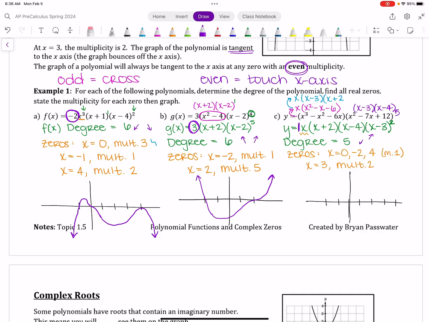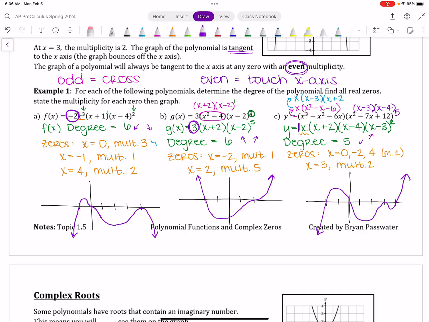And remember, we're going to start by increasing to -2, and then decrease to 0. We're going to increase to 3, bounce off, and then we go up through 4. And that would be the general shape of y.